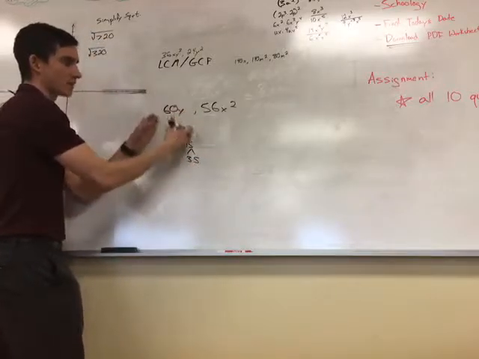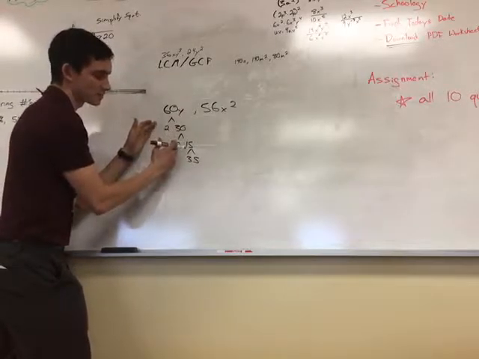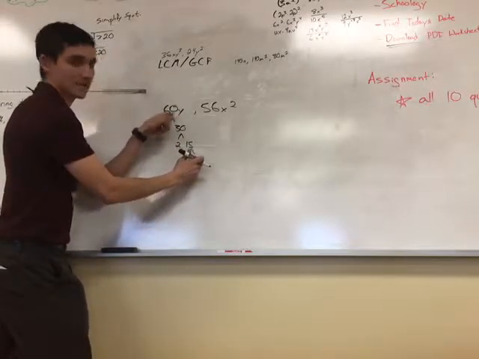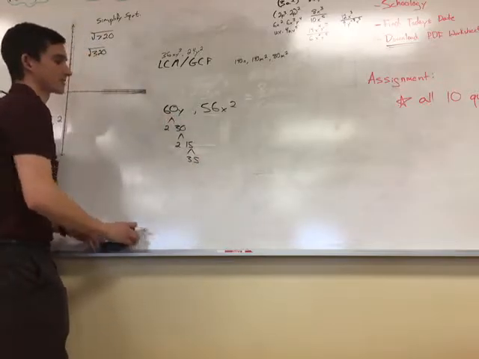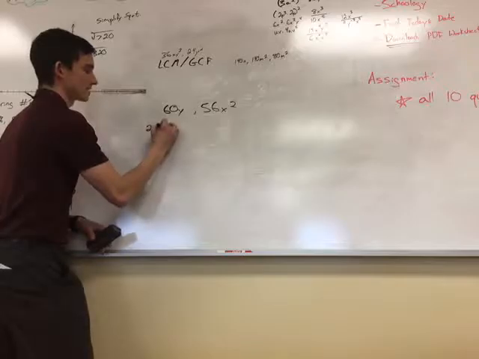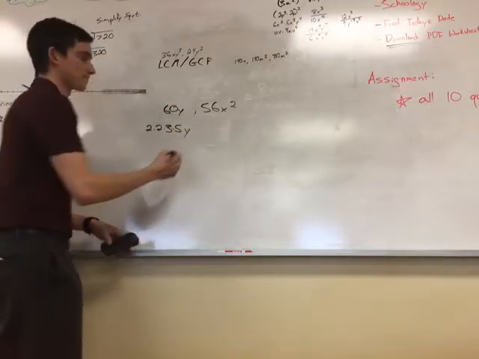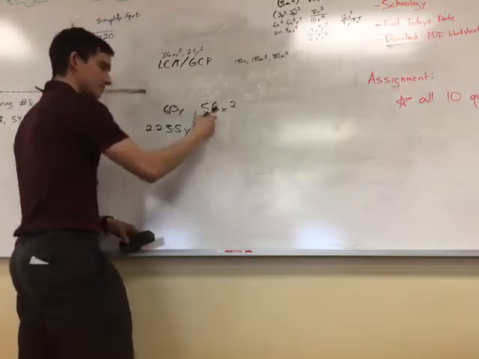This is when you know you're done breaking a number down: you've got all prime numbers along the outside. So 2 times 2 times 3 times 5, the same thing as 60. I'll write this out: 2 times 2 times 3 times 5, and then there's a y on the end, times y. Okay, so that's one of them.